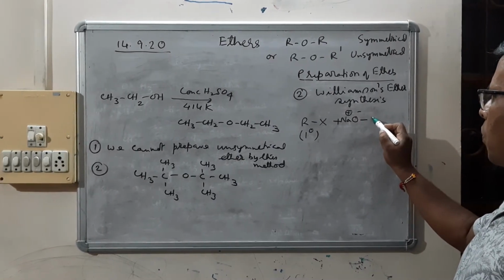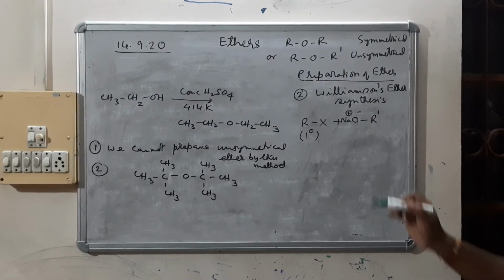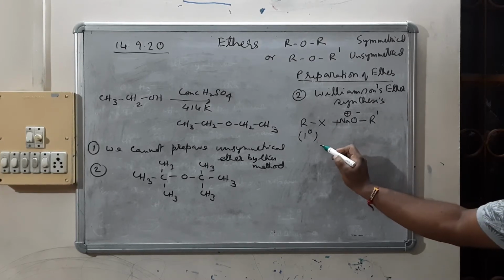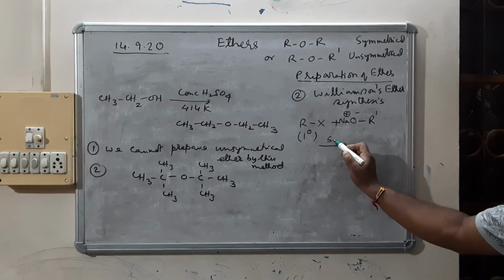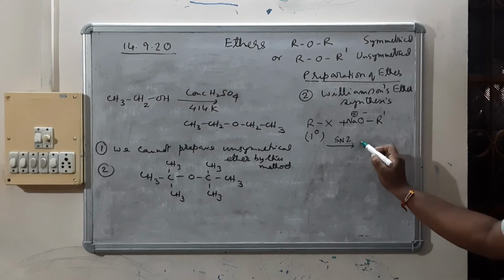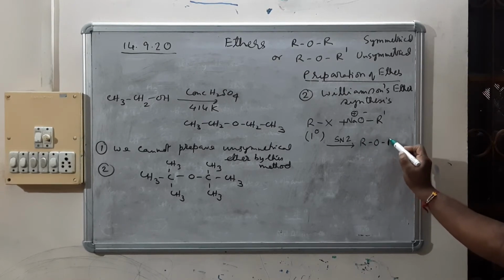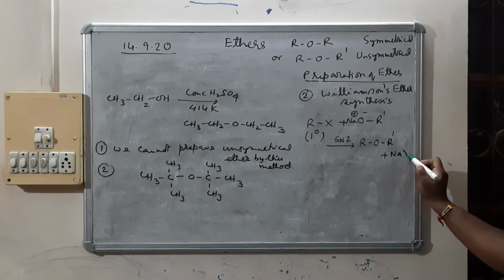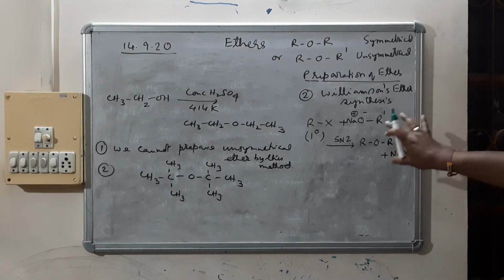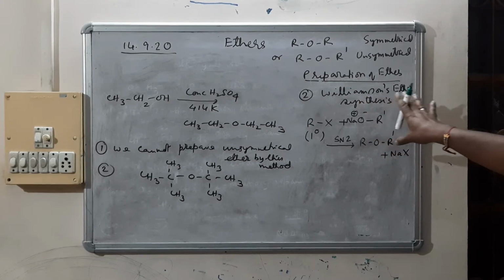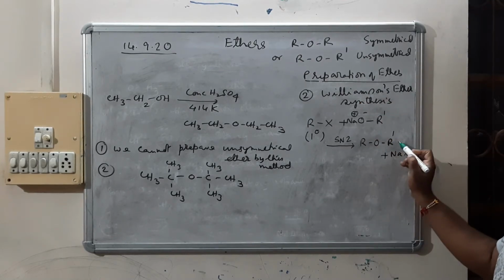So alkyl halide 1 degree and sodium alkoxide, and there will be an SN2 attack, and we will get ROR dash plus NaX. So this is the basic scheme of reaction in the case of Williamson's ether synthesis to get ether.